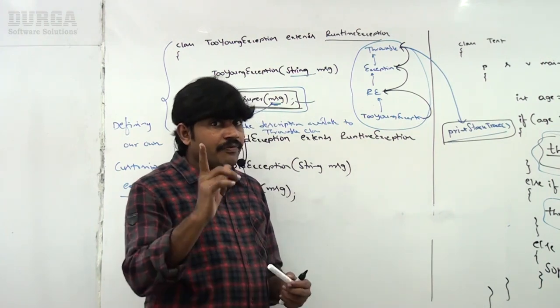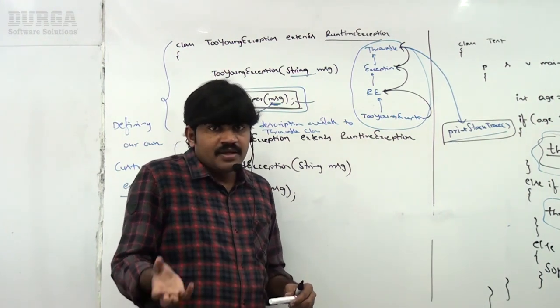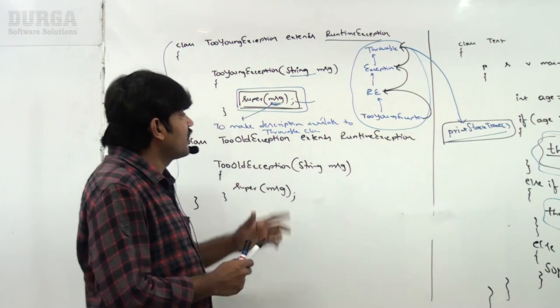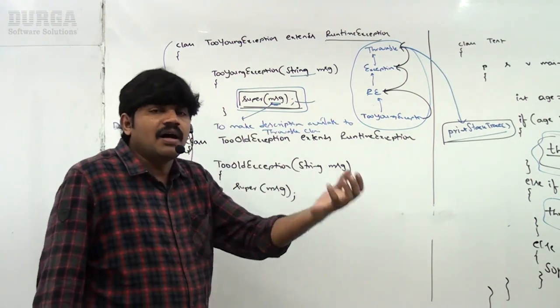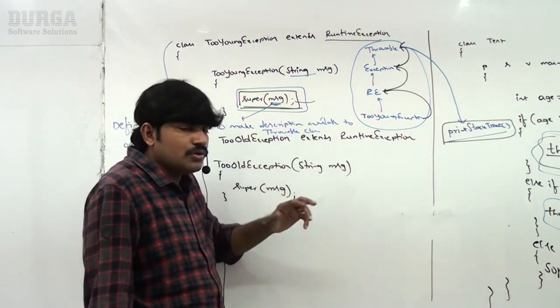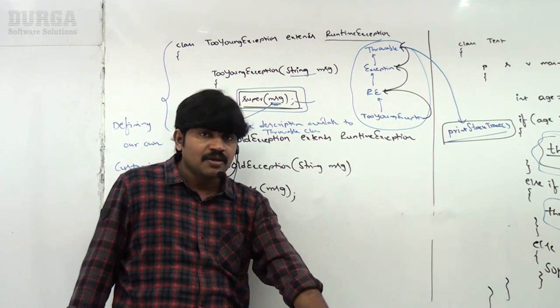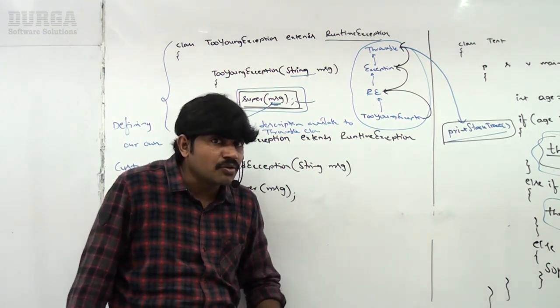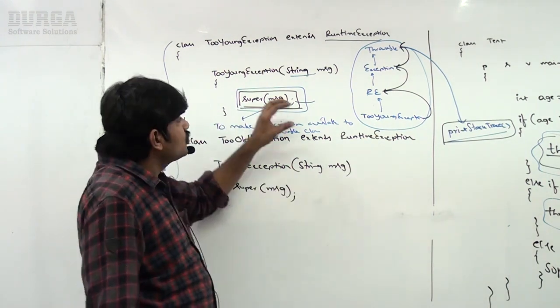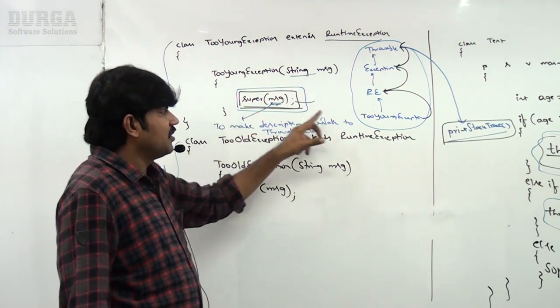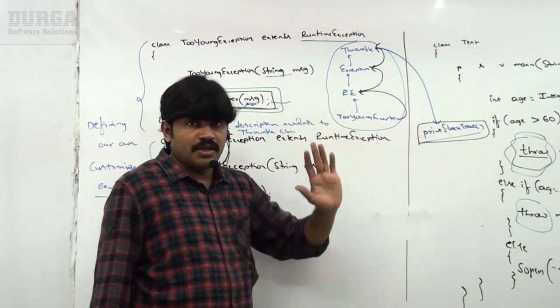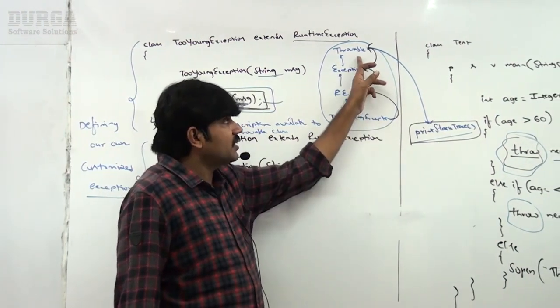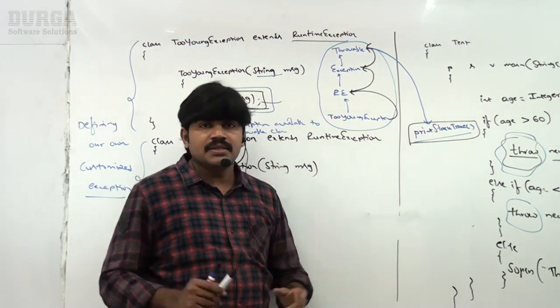Several students in my offline class ask, why did you keep super? To make our description available to the default exception handler, because the default exception handler always takes from the Throwable class.